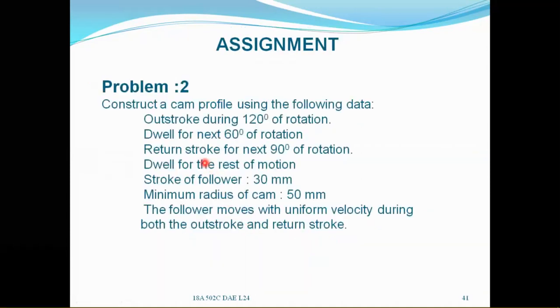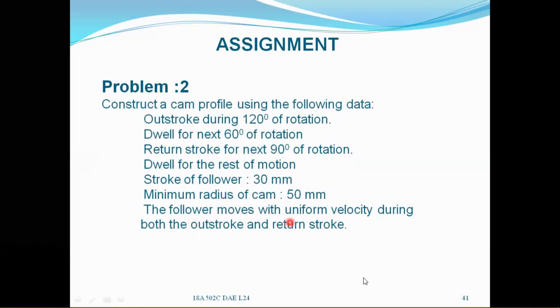The next assignment is to construct a cam profile using the following data: outstroke during 120 degrees of rotation, dwell for the next 60 degrees of rotation, return stroke for the next 90 degrees of cam rotation, and dwell for the rest of the motion. Stroke of the follower is 30 mm, minimum radius of cam is 50 mm.